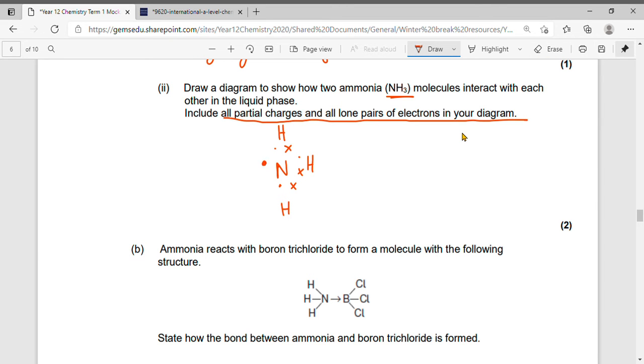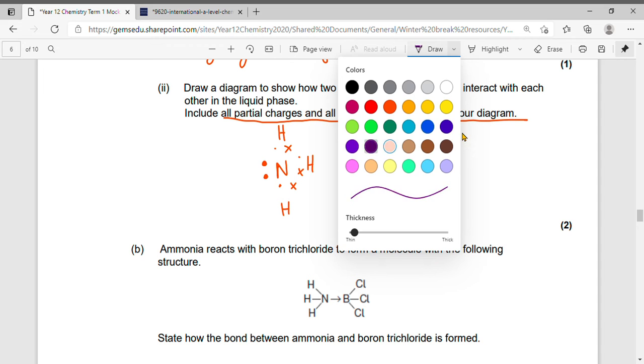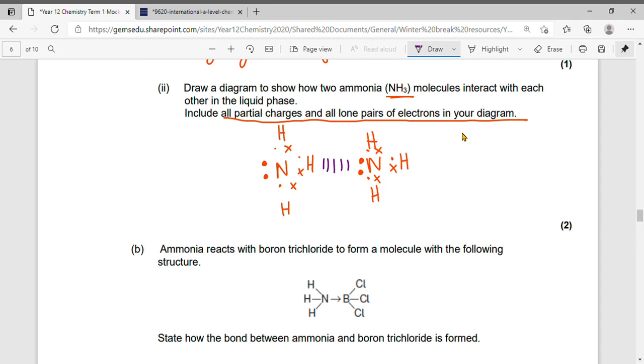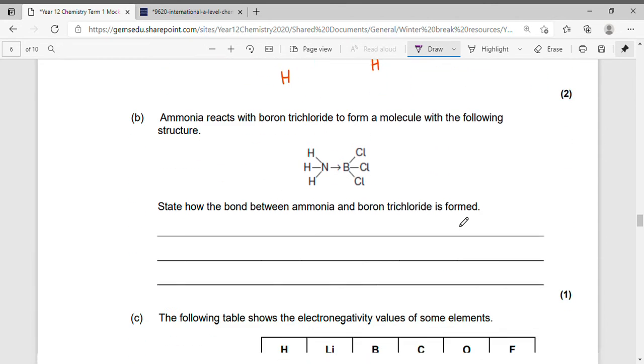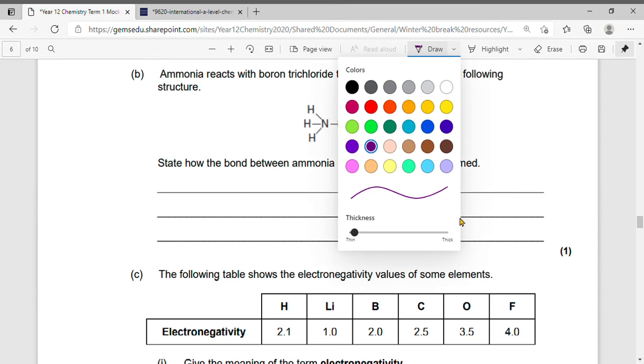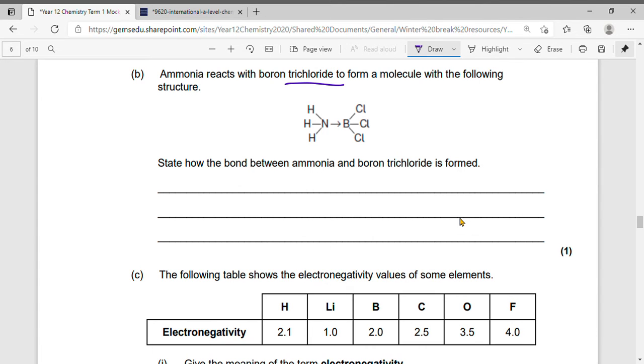And we do have 2 lone pairs. And I just want to draw the lone pairs, and with another color perhaps we can draw the intermolecular forces with a dashed line.